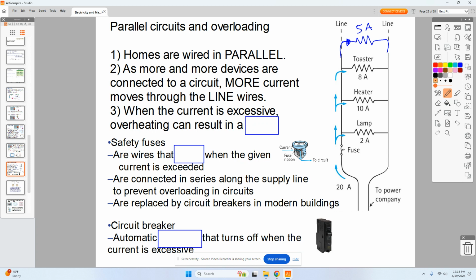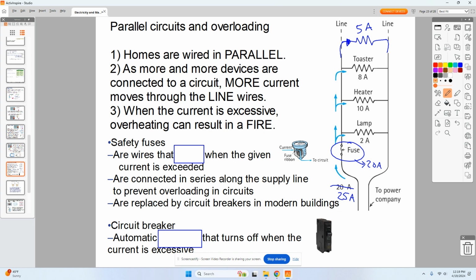If I do that, what does that do to this current? It was 20. What happens now? I just added 5 more to it, so that turns to 25. And this circuit is only rated for 20 amps. So if I plug in more and more devices in a parallel circuit, I get more and more current. When the current's excessive, you can get a fire.